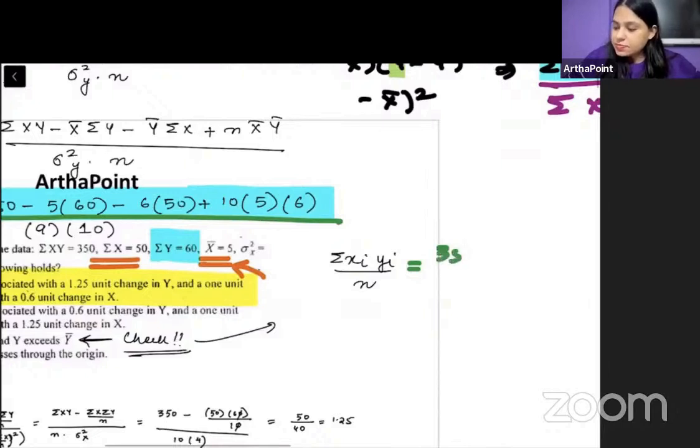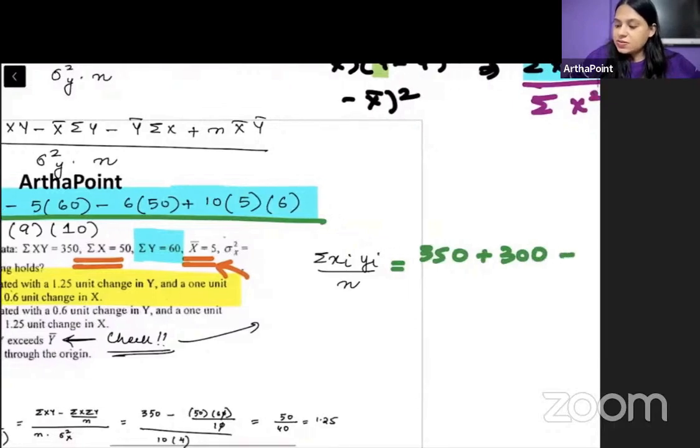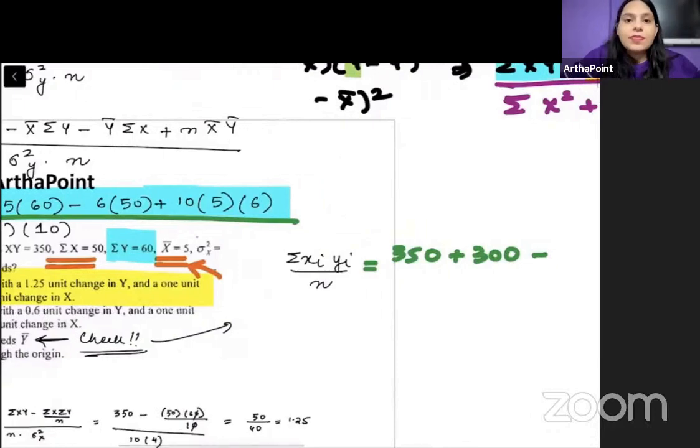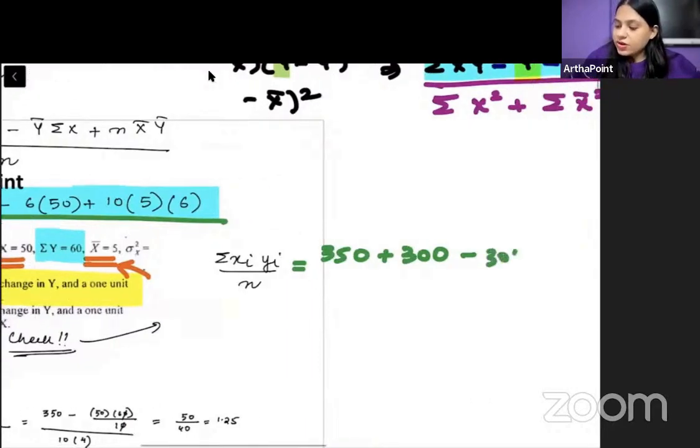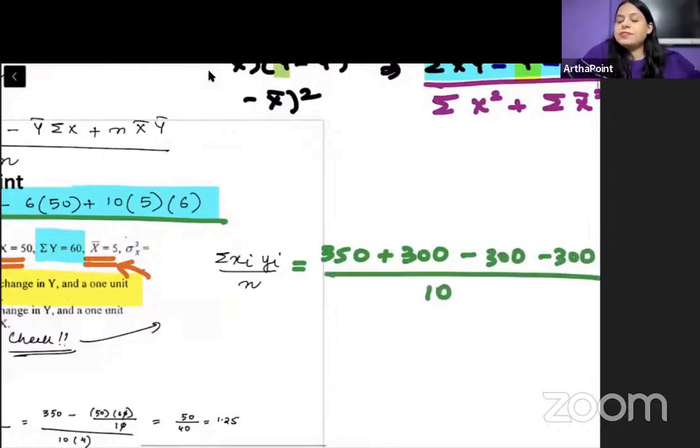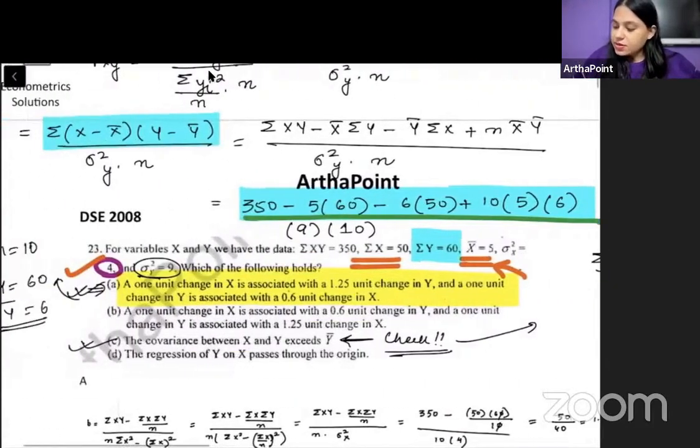This value will come as 350 plus 300 minus 300 minus 300 upon 10. Right? And what is the mean of y? The mean of y was 5. Sorry, 6.